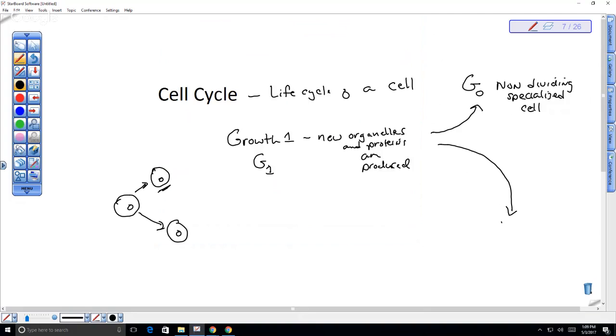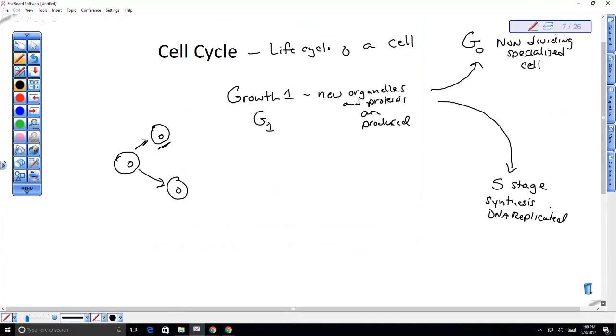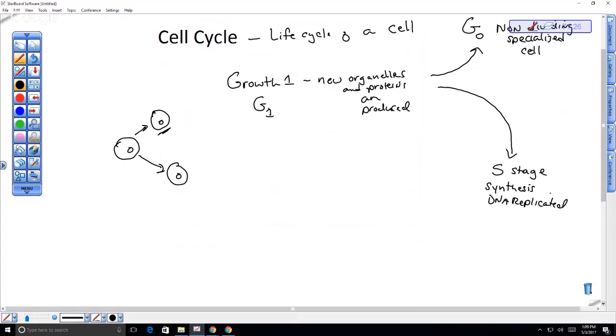If it is not leaving the cell cycle, it is going to continue and go through the S stage. And this is synthesis. So this is DNA replication. So the chromosomes become replicated in the S stage. So that's synthesis, S for synthesis, DNA synthesis, DNA replication. Okay.